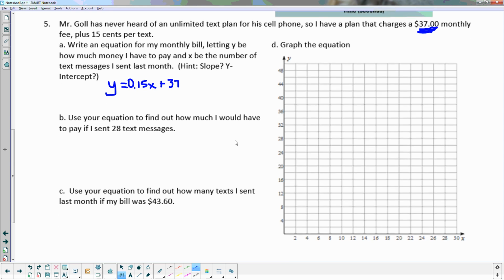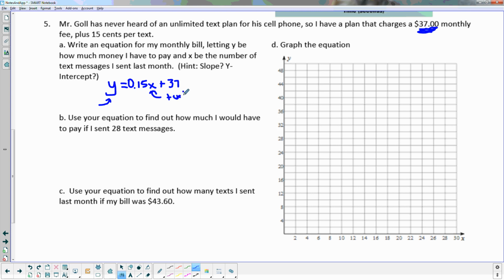Okay, I'm going to leave the rest of them to you. B and C involve plugging numbers in. The important thing to know about this equation is what these variables stand for. x is being multiplied by 0.15, and that's relating to text messages sent.